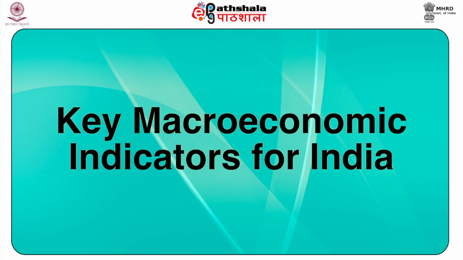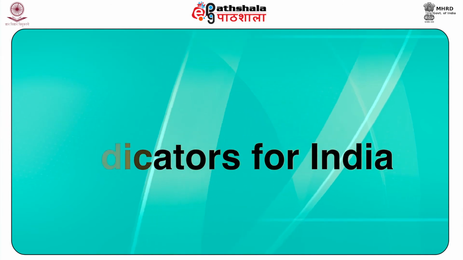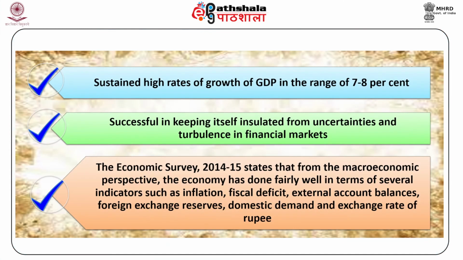Key macroeconomic indicators for India. India has been able to attain sustained high growth rates of GDP in the range of 7 to 8% for quite some time now, growing faster than most global economies today.